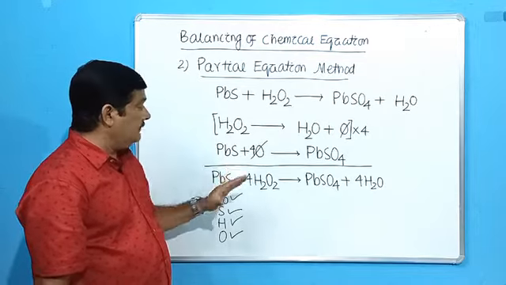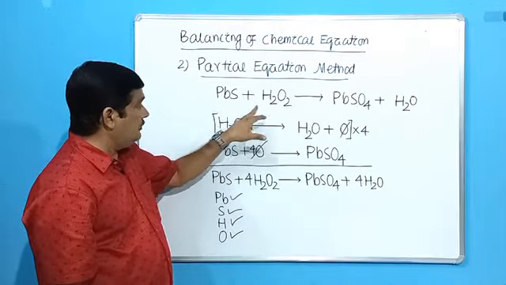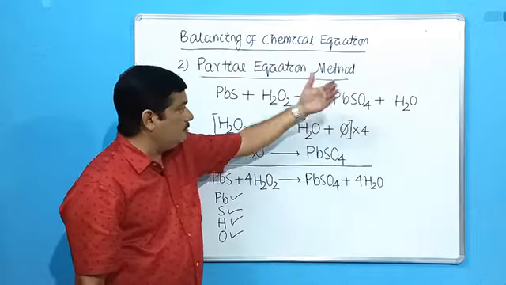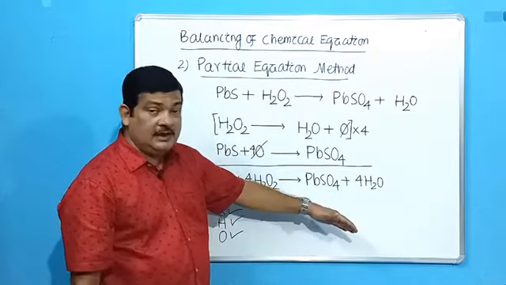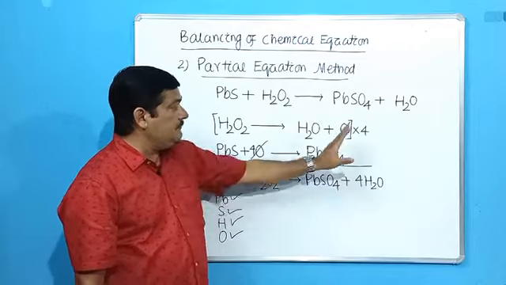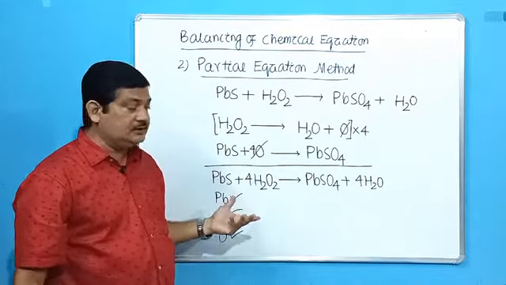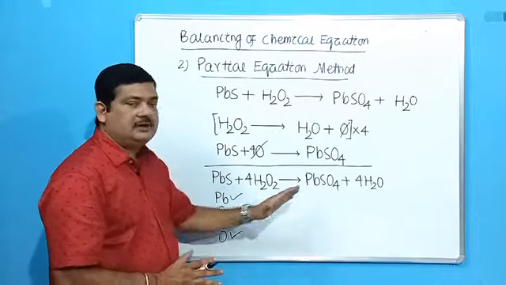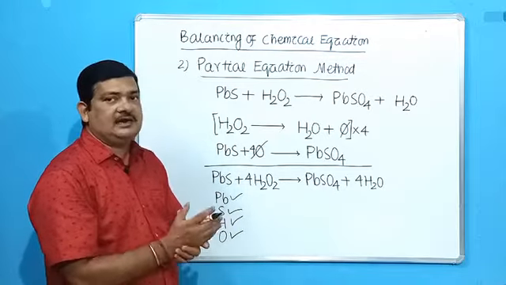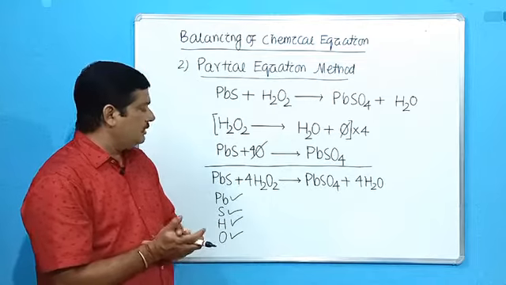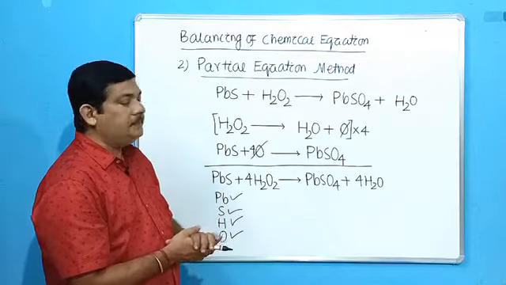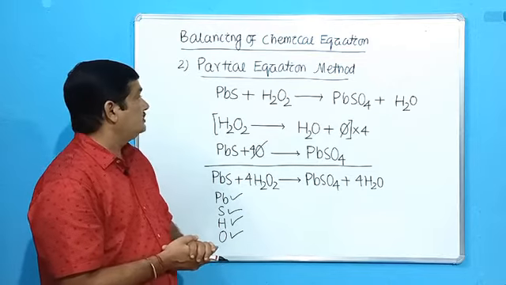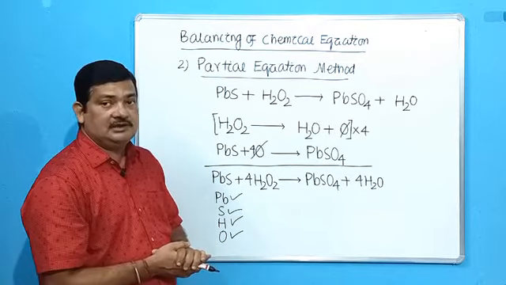You have to look out what the reactants are, keep them on the left hand side, and look out for the products, keep them on the right hand side, and the intermediate reactants or products formed should be cancelled out with each other. In the final equation, if there is any extra reactant or product, that will not be okay. So accordingly you have to break the single step equation into multiple steps. Okay. So this is all about your partial equation method.